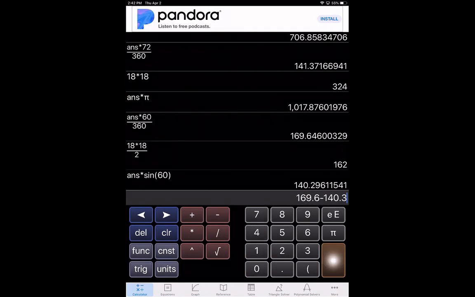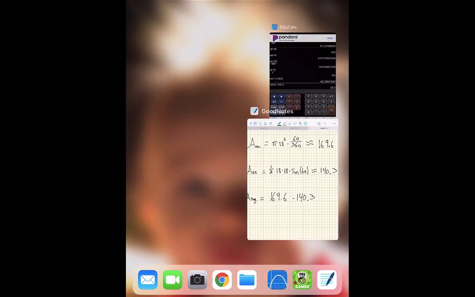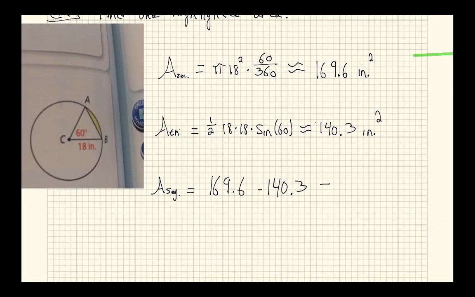Okay, looking good. Enter, and we get 29.3. 29.3 inches squared. That is going to be my answer for the segment area, which is what we were asked to find. So that is segment area. I hope that makes sense.